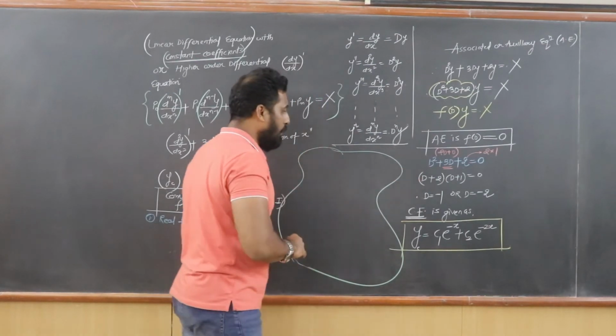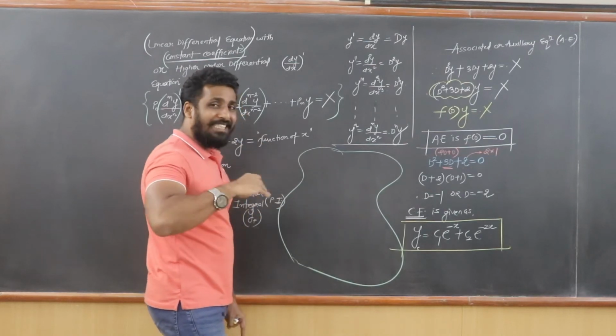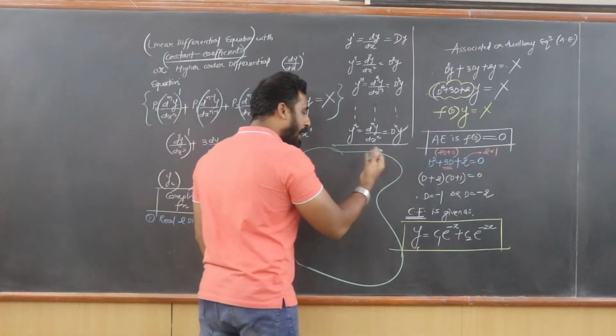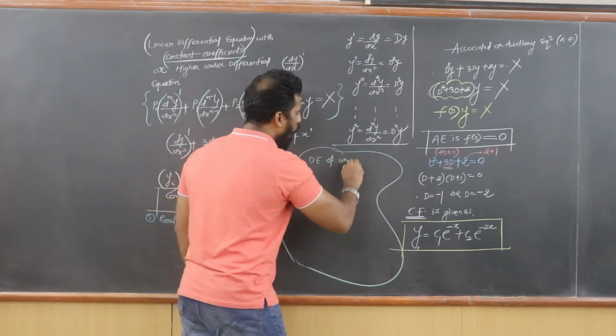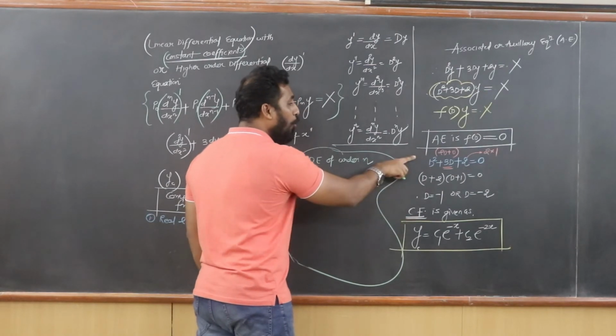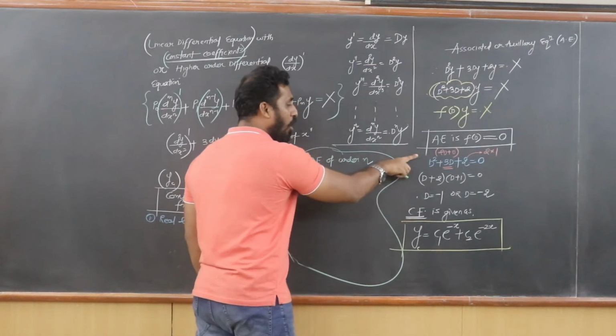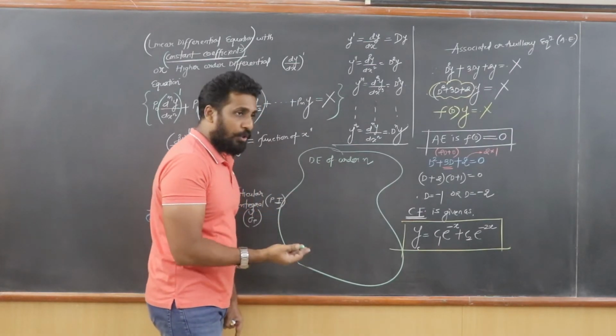So what I am doing here is, I am taking a differential equation of order n. Quadratic gave me 2 roots, cubic will give me 3 roots, power 4 will give me 4 roots, then power n will give me n roots.